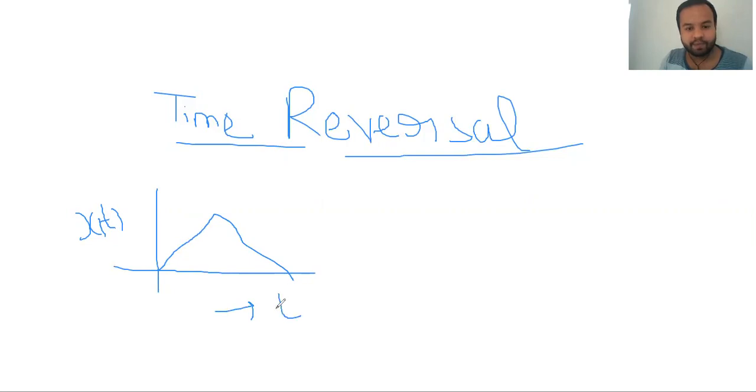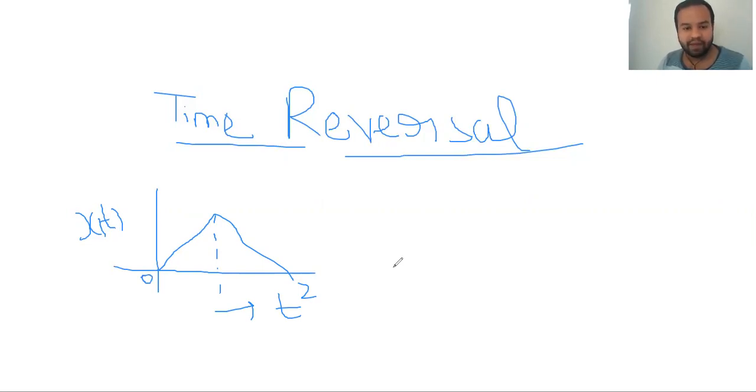Here the value is 2, here we have a value of 1, and here again 0. There are two methods by which we can do the time reversal.